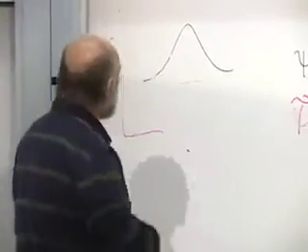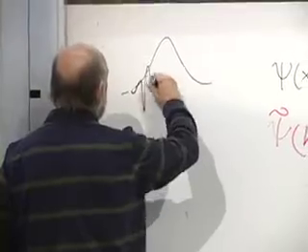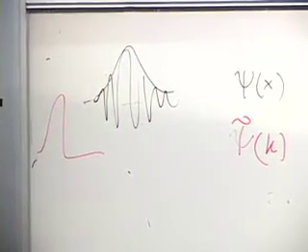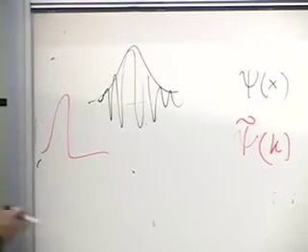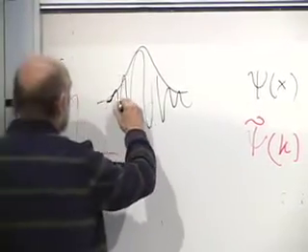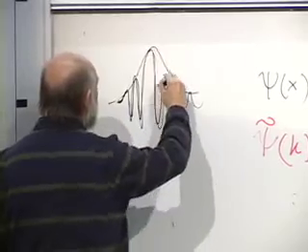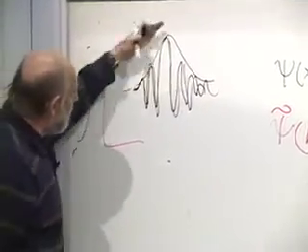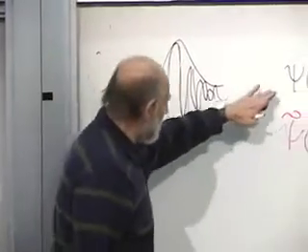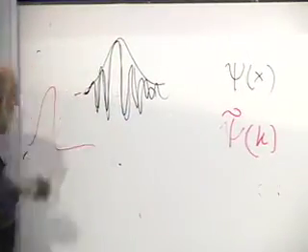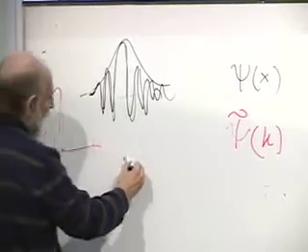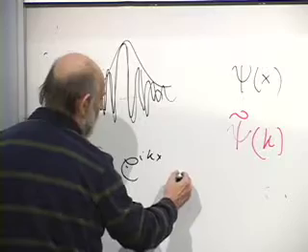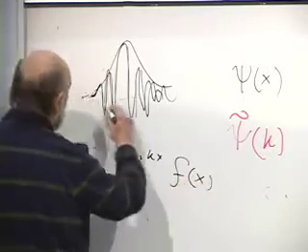So the real and imaginary parts of it oscillate almost as though it were a momentum wave function, but with an envelope that's fairly concentrated in x. For example, you just take e to the i kx and multiply it by some function of x which looks like that.